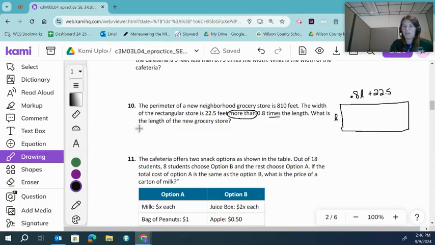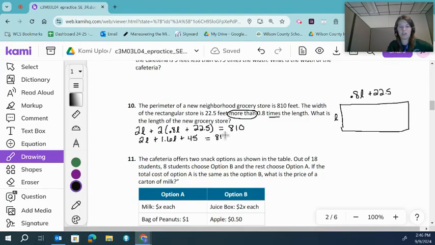And again, we're going to utilize that distributive property because I have 2 of the lengths for perimeter plus 2 of the 8/10 L plus 22.5 equals my 810 feet. Now we are going to do that distributive property: 2 times 8/10 is 1.6 times the length plus 45 3.5 equals 810.